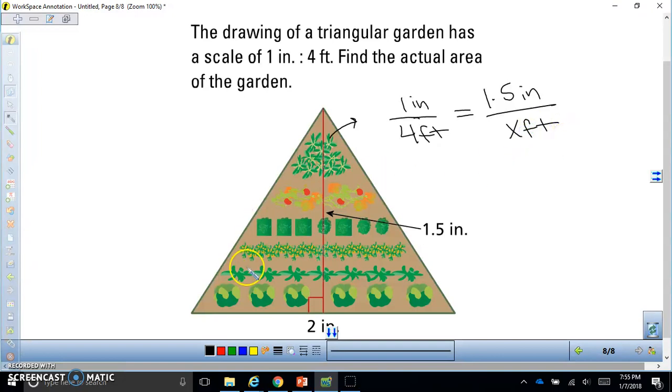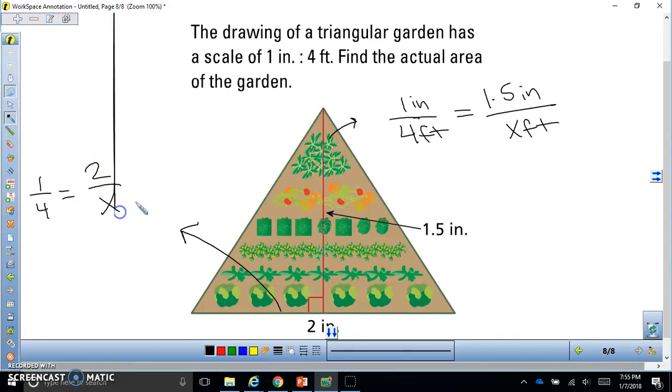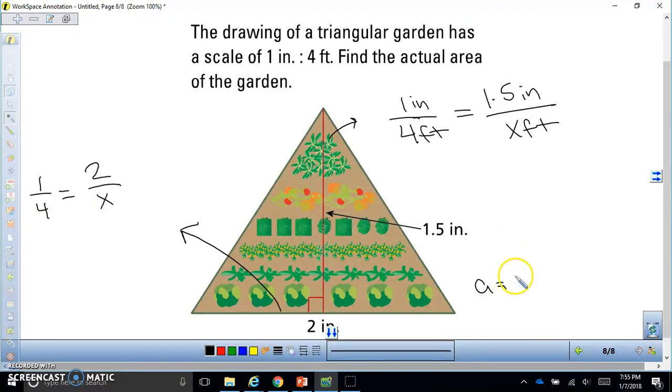The other one: the scale is 1 to 4, and the picture is 2 to something we don't know. I'm setting this up because the area of a triangle is base times height divided by 2. So here we are solving for height, and here we are solving for base.